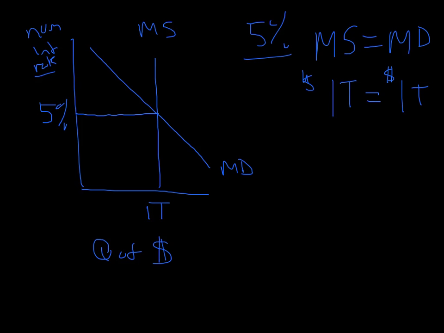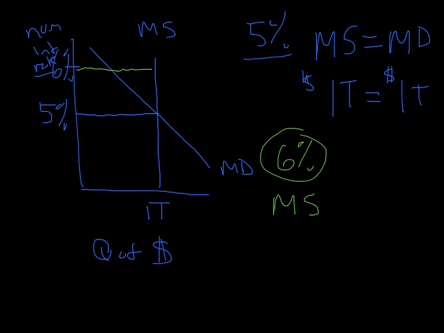Well, let's see what happens if we're out of equilibrium. Let's suppose the interest rate is 6%. So at 6%, what occurs? If we go across, at 6%, there's certainly a disequilibrium. At 6%, the money supply is greater than the money demand.